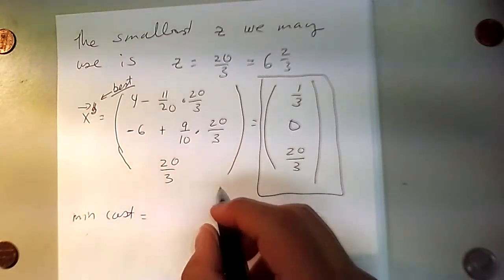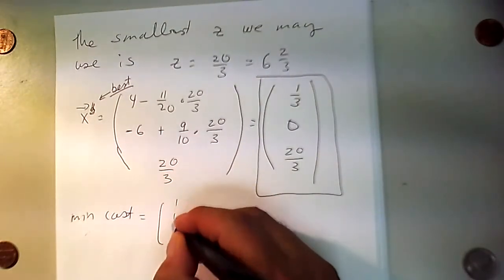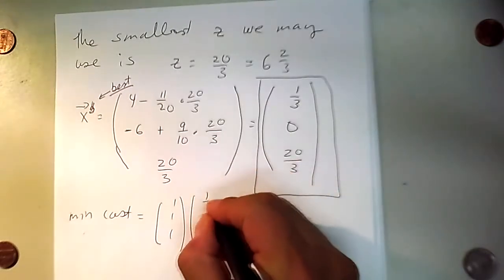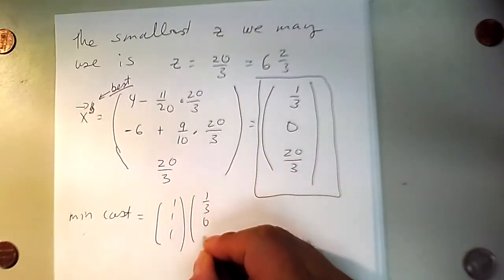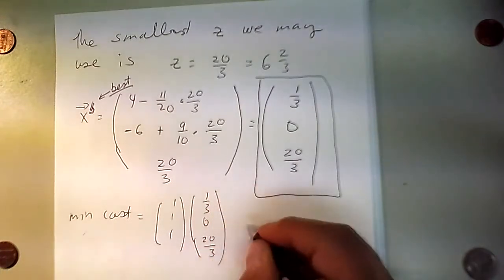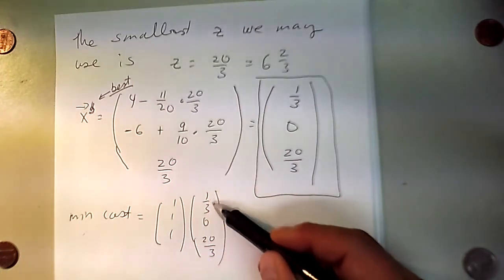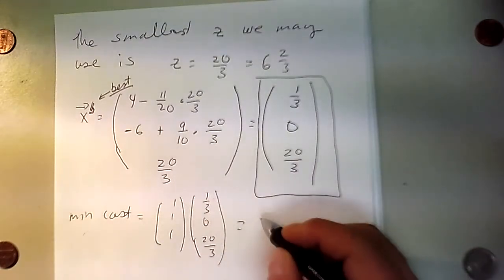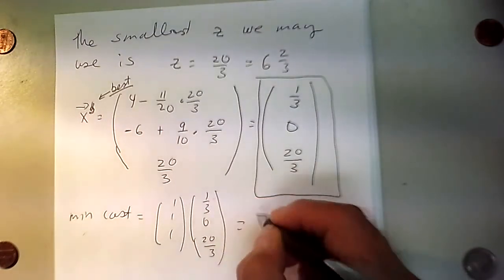The minimum cost is going to be 1, 1, 1 multiplied with the best: 1/3, 0, 20/3. That's actually going to be 1/3 plus 0 plus 20/3. That's 21/3, which is 7. So pretend this is money.